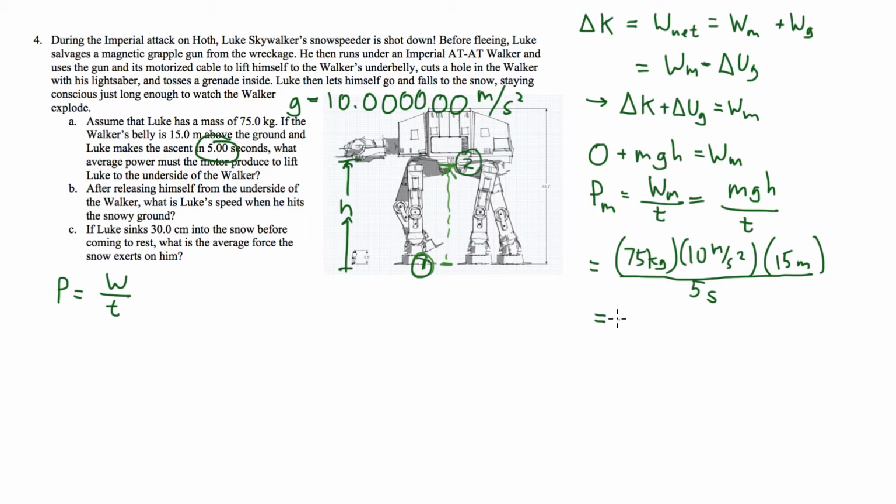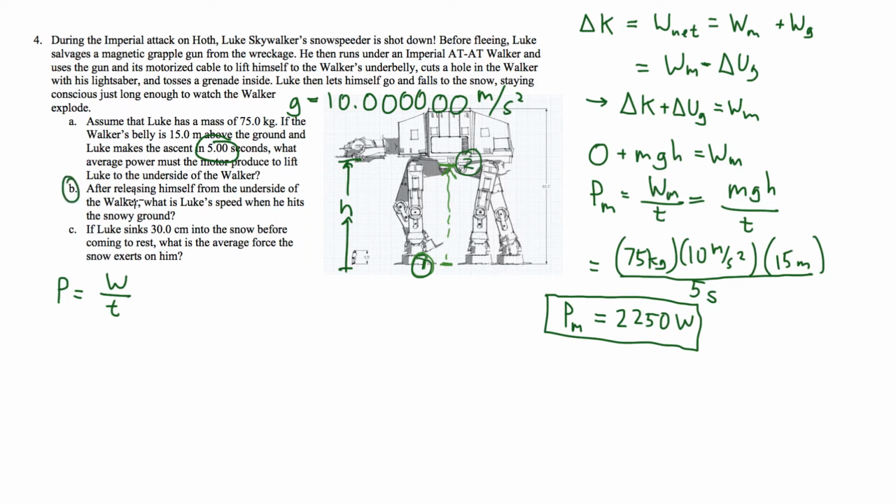So the power output of the motor is 2,250 watts, which is enough to light a 2,200 watt bulb. So it's an advanced Star Wars universe power supply that fits into Luke's belt buckle or whatever it is. If you see the movie, basically just the belt lifts him up. Okay, so anyway, that's where we get to.